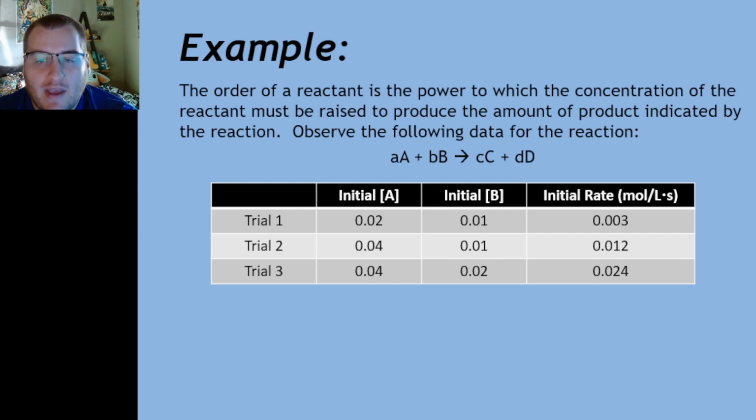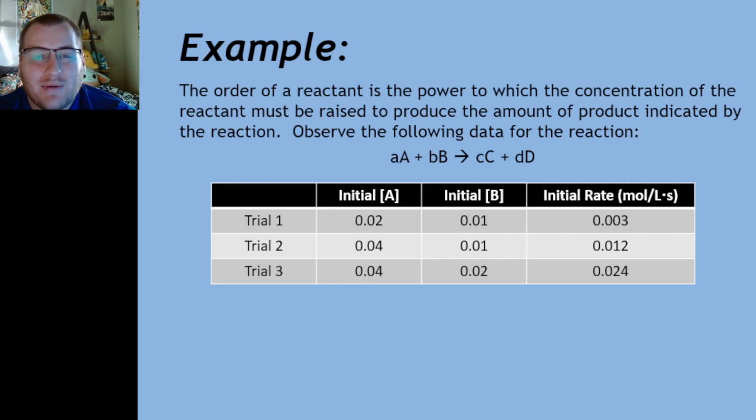Down here I have an example of a data set from an experiment, because we have to determine this experimentally. The question says the order of a reactant is the power to which the concentration of the reactant must be raised to produce the amount of product indicated by the reaction. Observe the following data for the reaction. I have three trials, and in each of the trials I've changed the amount of A and the amount of B that I started with.